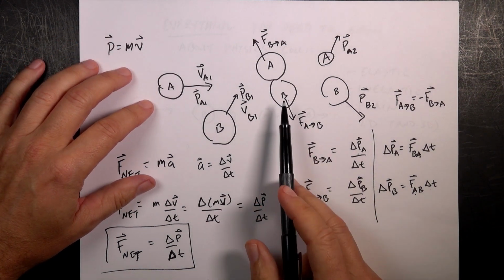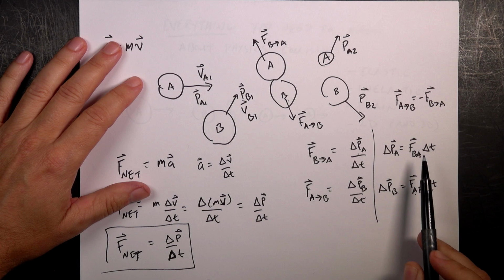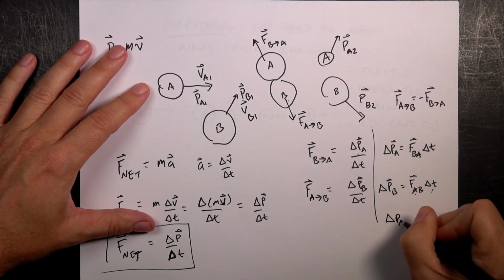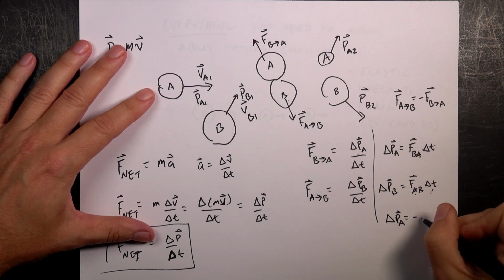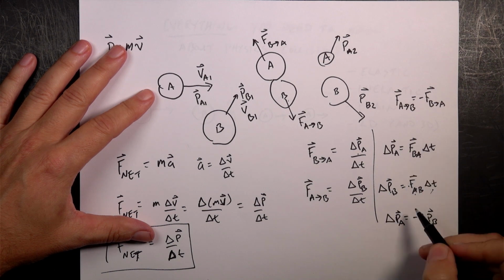How could A be in contact with B for a different time than B is in contact with A? Then the delta T's are the same, and these are opposite values, so I get delta PA equals negative delta PB, because this is negative of that.